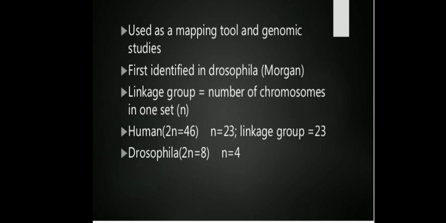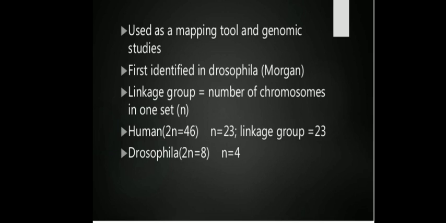All the genes present on a particular chromosome form a linkage group, and the number of linkage groups of a species corresponds to the number of chromosomes of that species. For example, in the human male, 22 pairs of autosomes plus one X chromosome and one Y chromosome, that is 24 linkage groups, are present.